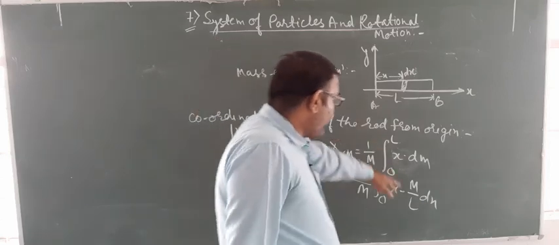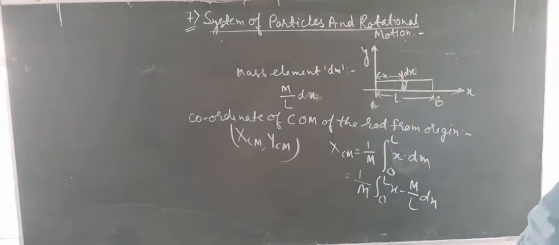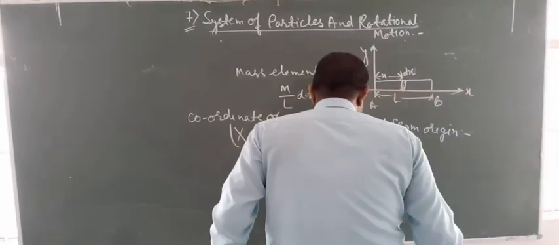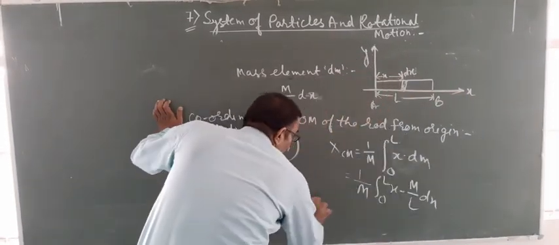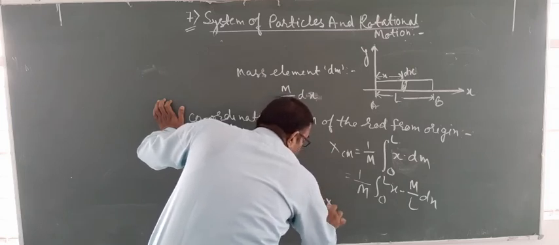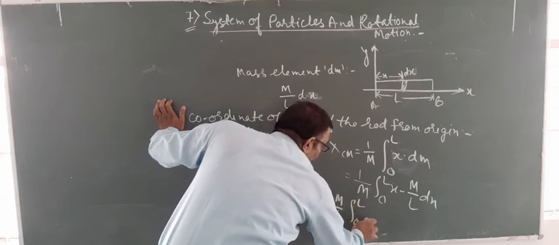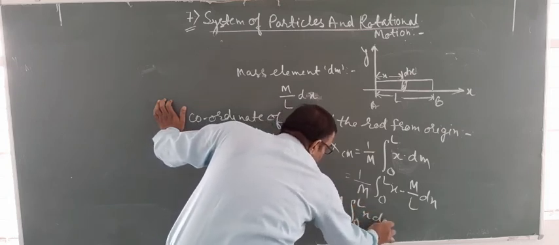Now mass m and L are constant, so they can be taken out. It will be equal to 1 upon m into m upon L integral 0 to L of x dx.